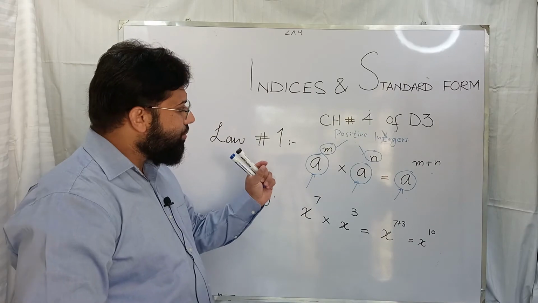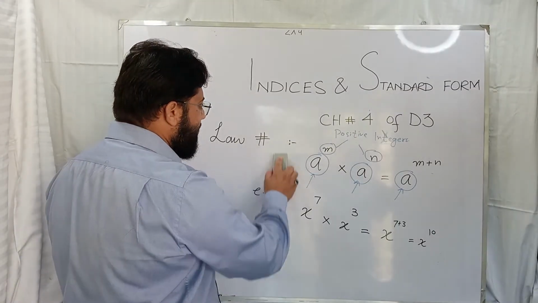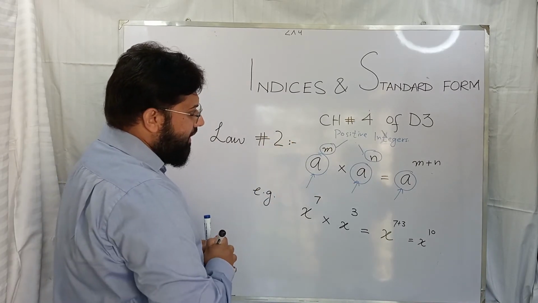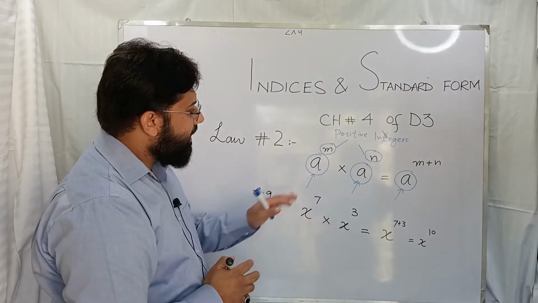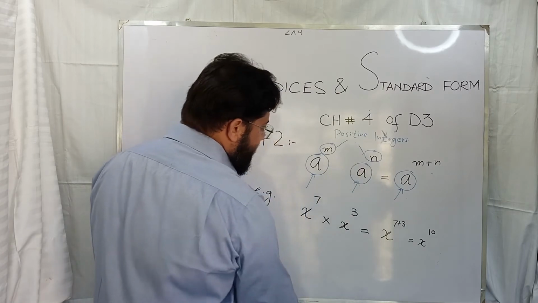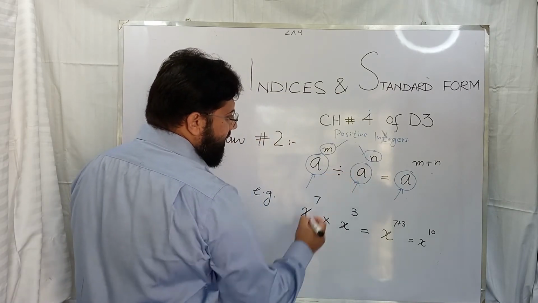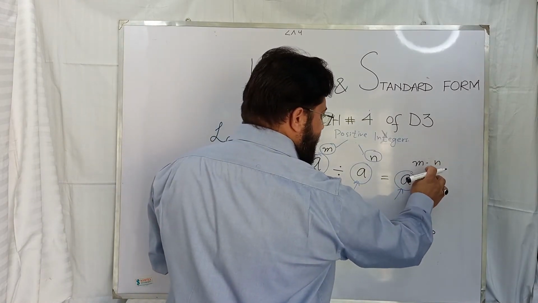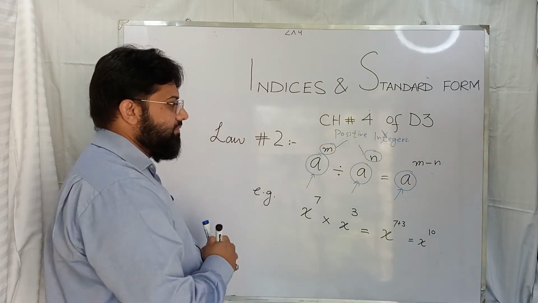I'll just do minor changes in law number 1 and it will automatically be converted to law number 2. See, law number 2 says if we are having two real numbers denoted by a and they are going to be divided by each other, like a to the power m is going to be divided by a to the power n, fine, then the powers are going to be subtracted.